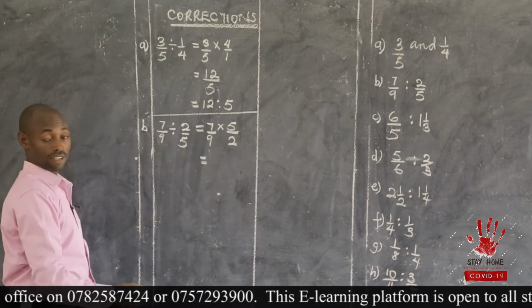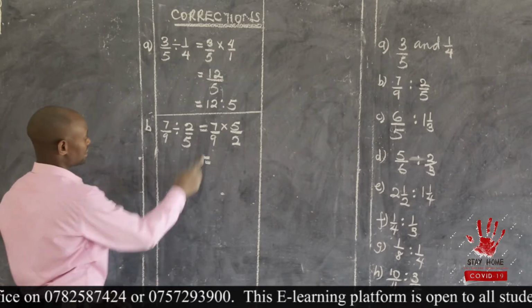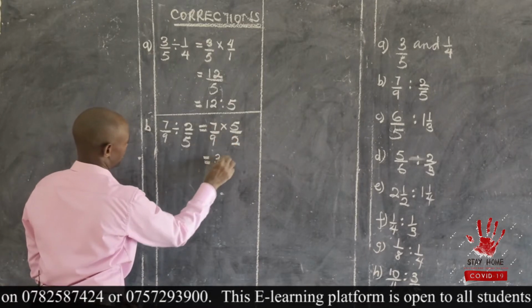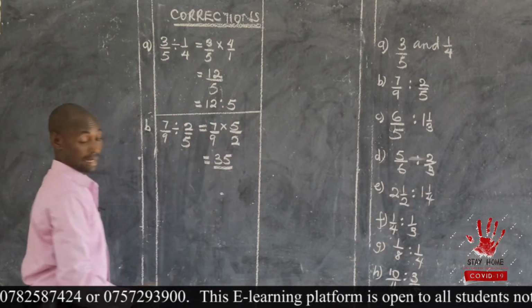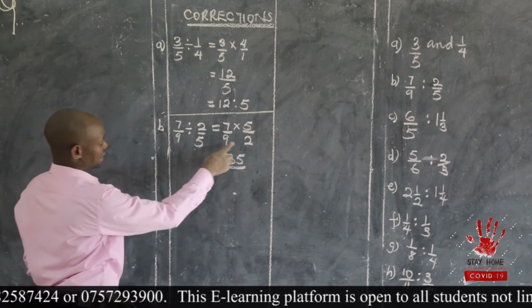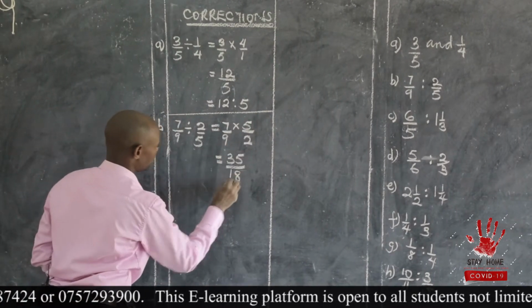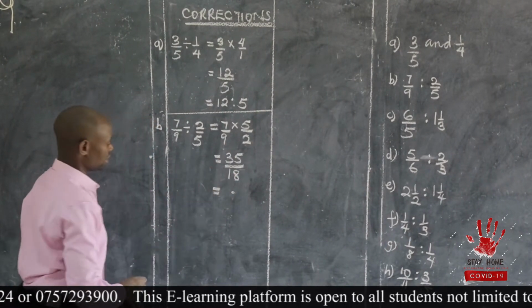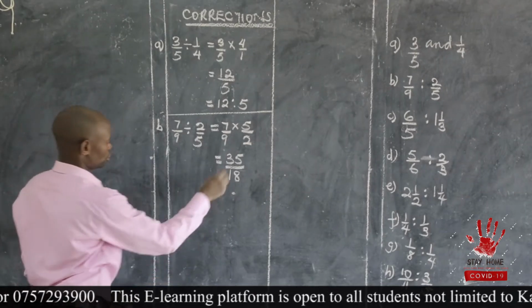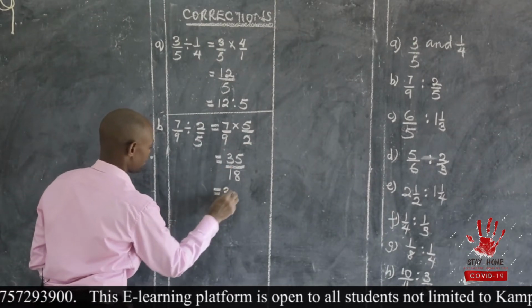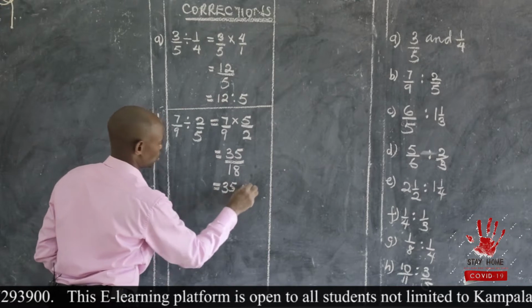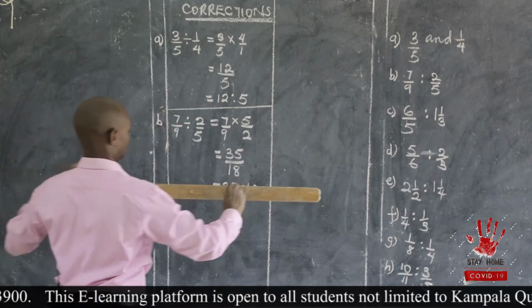Get the product of the numerators, 7 times 5, which is 35. Get the product of the denominators, 9 times 2, which is 18. Can this one be further reduced? The answer is no. So this one is written as 35 to 18.